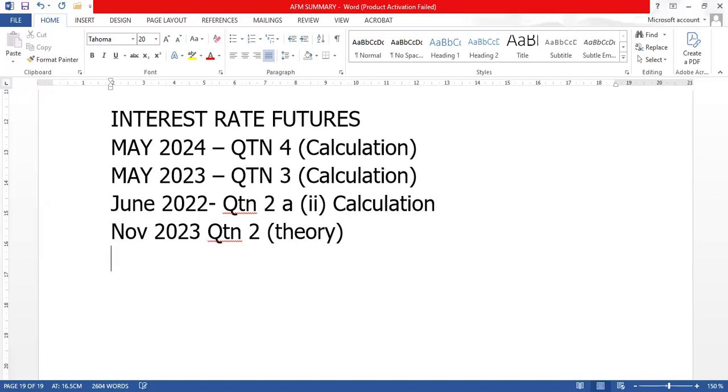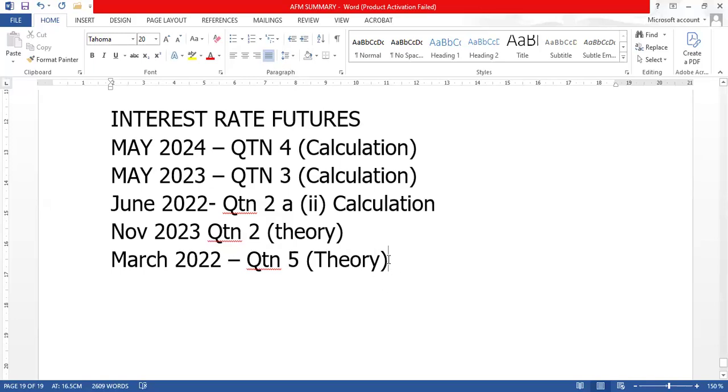Then you have March 2022, question 5. This one was also theory. Still, when you check May 2020, August 2025, that was theory.